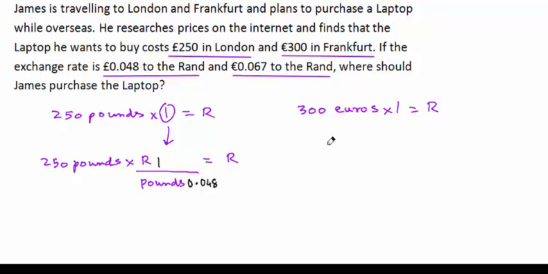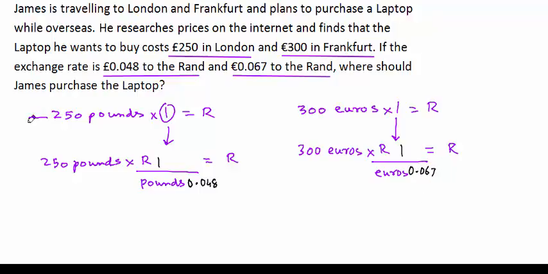In the same way, we are going to rewrite this 1 as 300 euros times, we need a certain number of rand in the end. So multiply that with rand and divide that with euros. And this is given to be 1 on the top, 0.067 on the bottom.